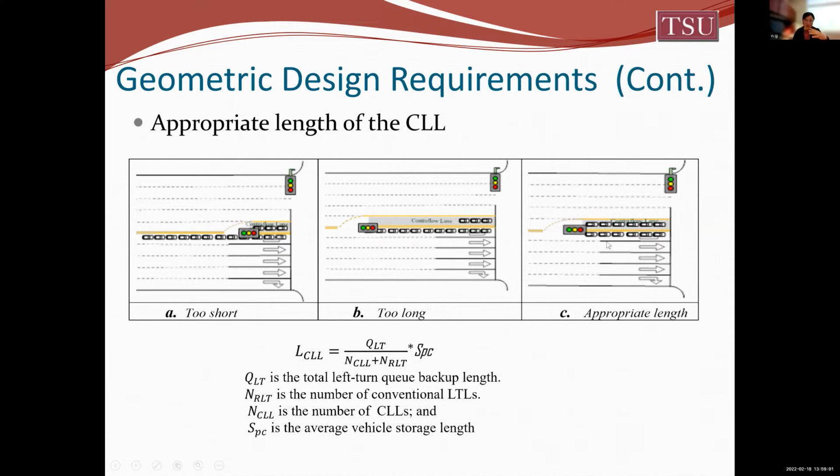In this way, the queue will be evenly split across the different left-hand lanes, ensuring the utilization rate of the control flow left-hand lane reaches the maximum level. So this is how long the control flow left-hand lane should be. This is an important design concept.